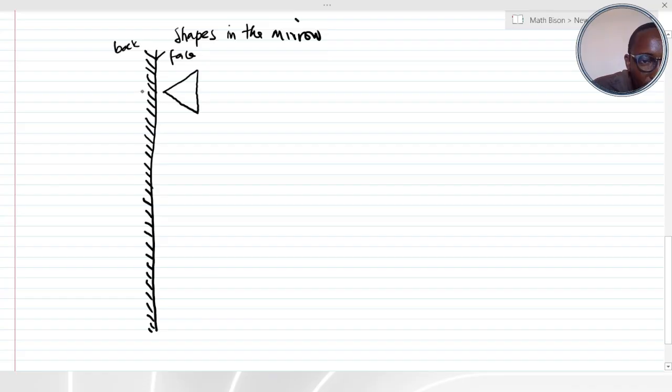The mirror image will look like this. The parts closer to the mirror will be the same, and the parts farther away from the mirror will also be the same. This is the object and this is the image. This is what we call a mirror image.